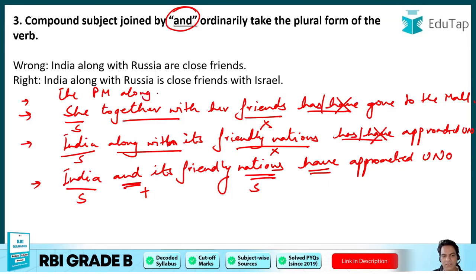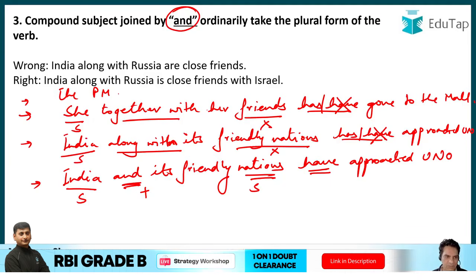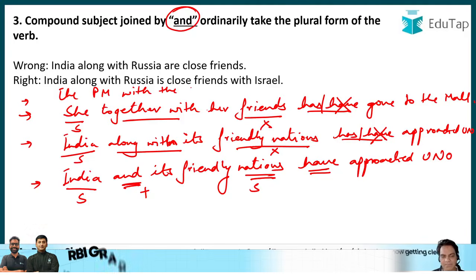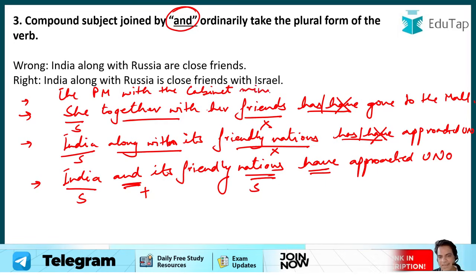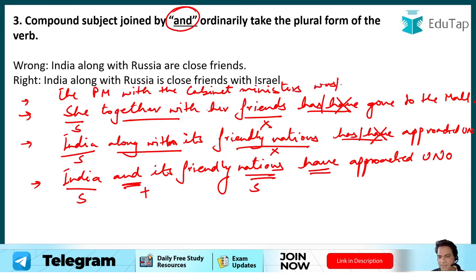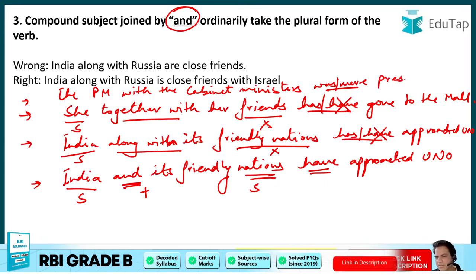So if I say, the prime minister with the cabinet ministers was present, or were present, in Delhi.